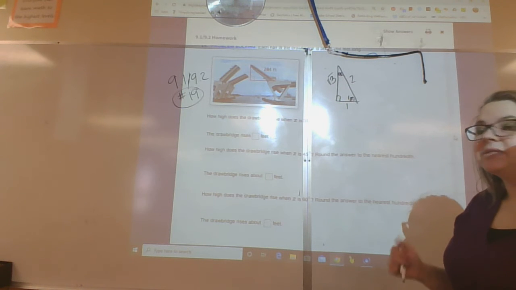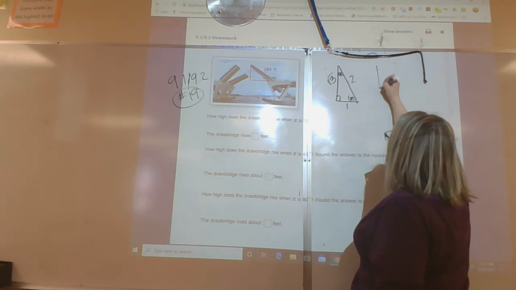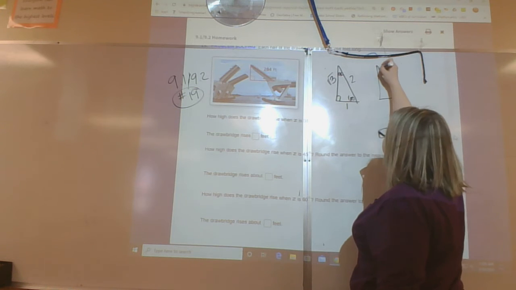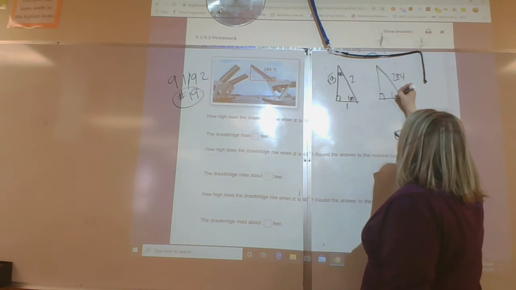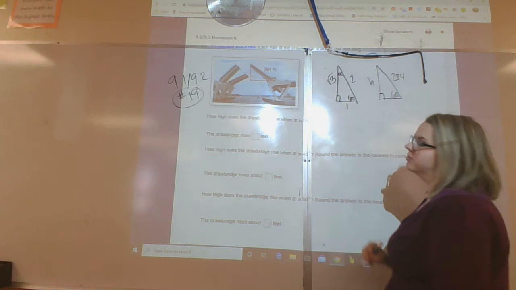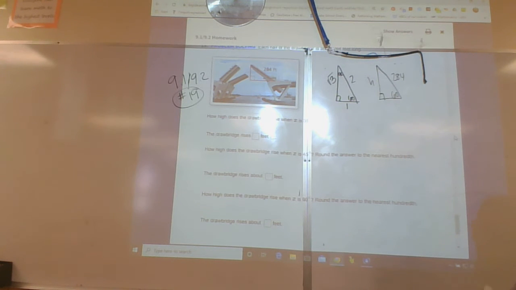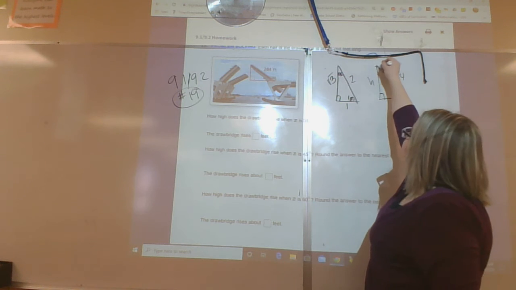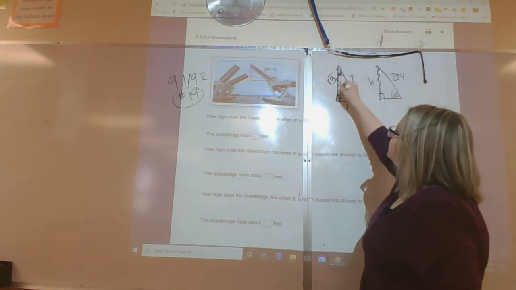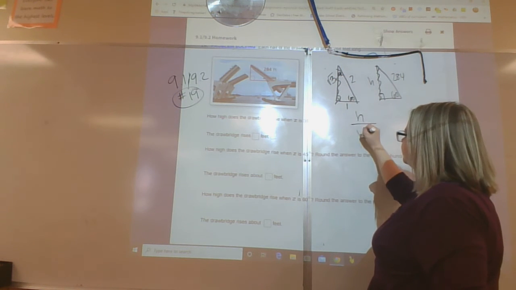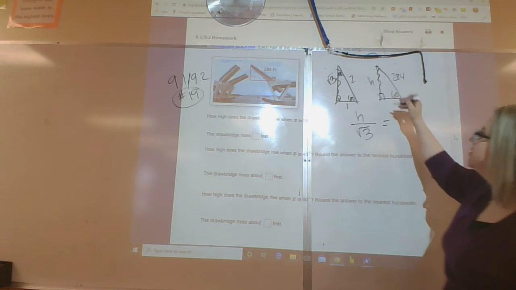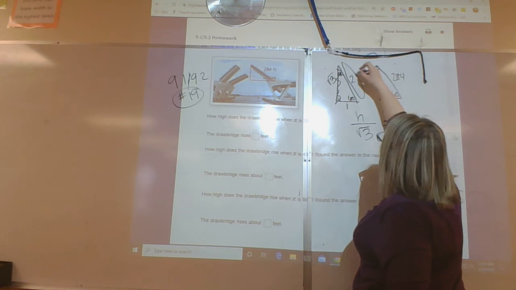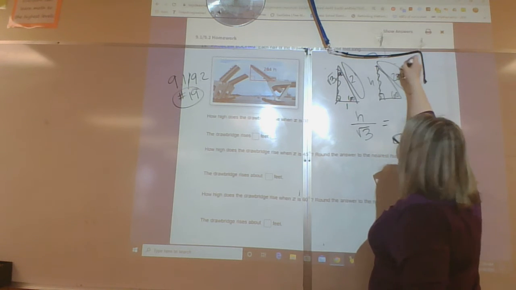So we're going to do the same thing. We're going to cross multiply. So here's the triangle on the bridge. This is 284. This is 60, and this is my height. I want to find my height there. So my height goes over the square root of 3, and then this 2 and my 284 go with each other.